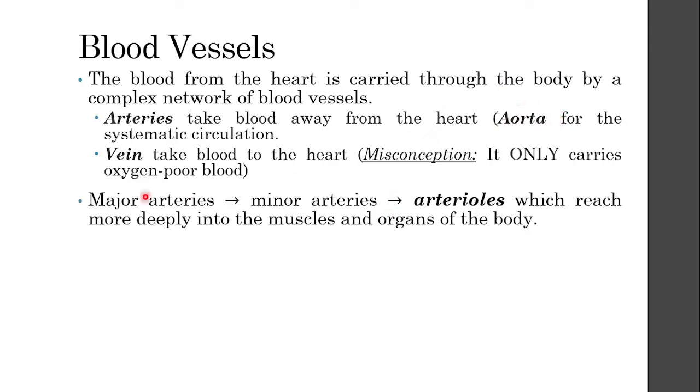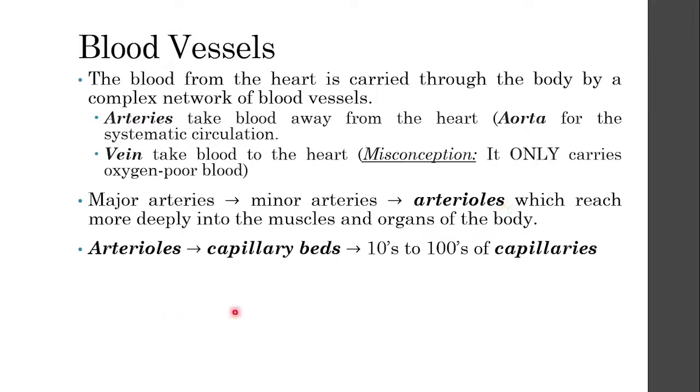So from the aorta, it will lead into major arteries, into the minor arteries, and then into arterioles. Arterioles are very important because this is where blood reaches deep into the muscles and organs of our body. And found in the arterioles are capillary beds, which have about 10 to hundreds of capillaries.